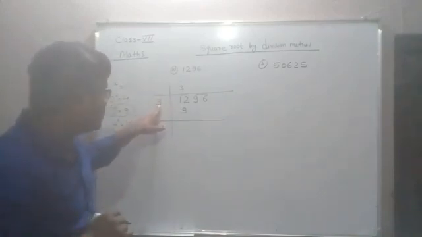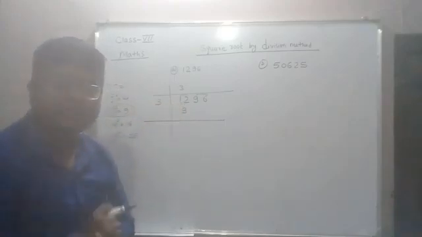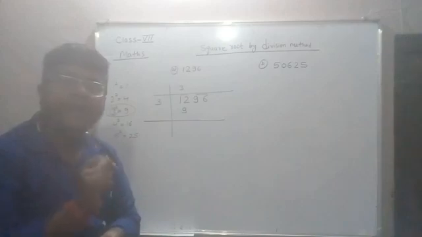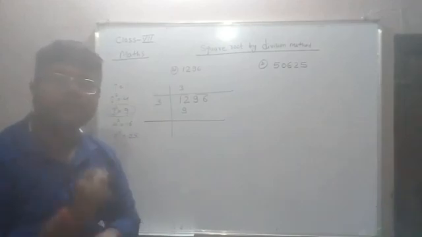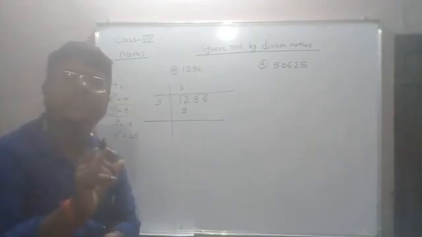How do we get this divisor? We look at the first pair and find the perfect square number closer to 12 or exactly 12. If we get it exactly, we take the same number. If not, we take a number just smaller than 12.